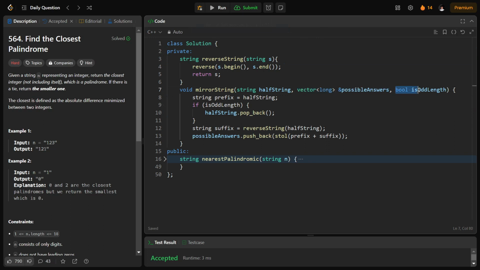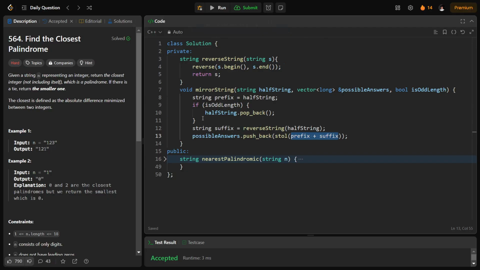Now since we had to mirror it accordingly if the length of the string is odd or even, right? So if the length is odd, I just remove the last element from this, and I reverse that, and I keep that as a possible answer. So basically, the mirroring thing that I did: I fixed the prefix, reversed it and appended it to my original string.